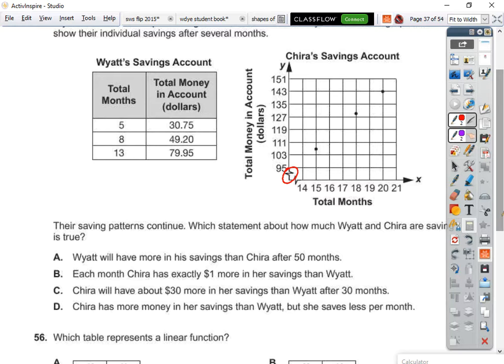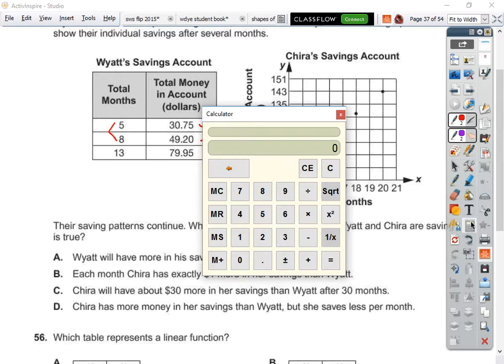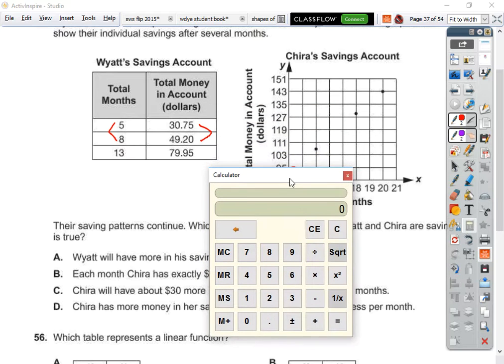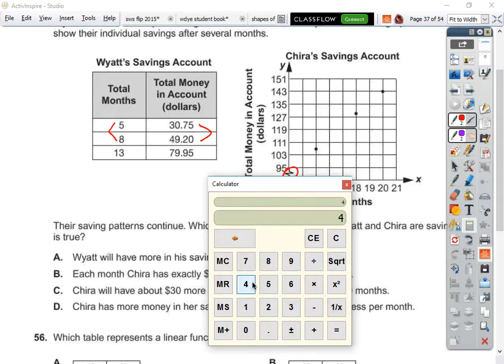Alright, let's take a look. So, let's find our slope. So we have 49.2 minus 30.75.